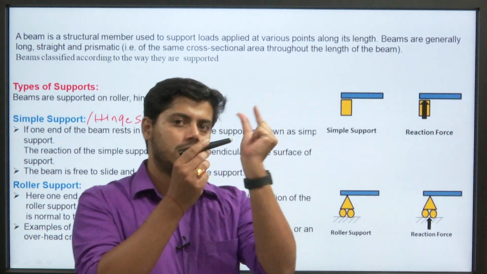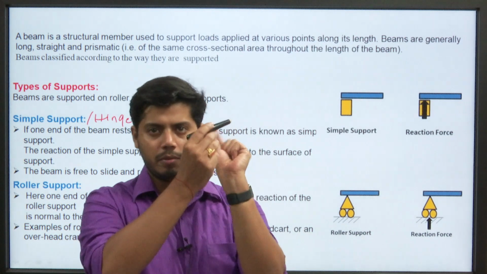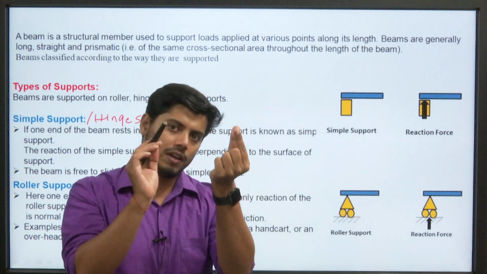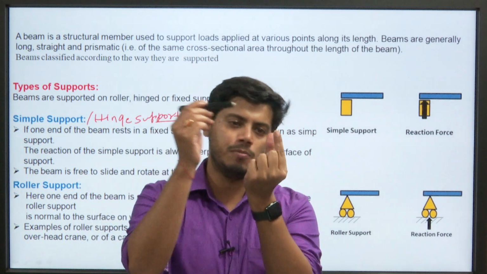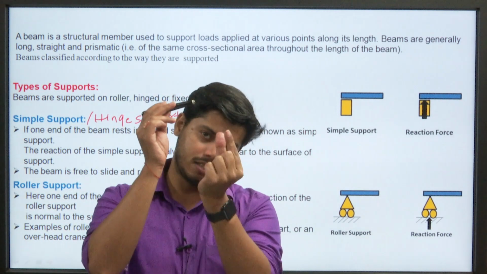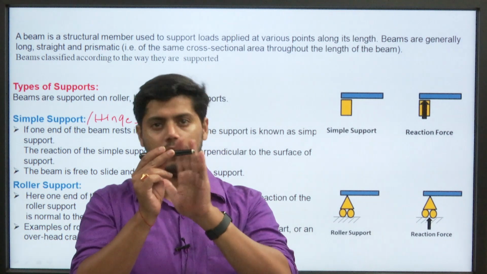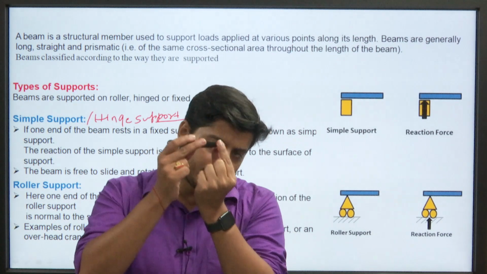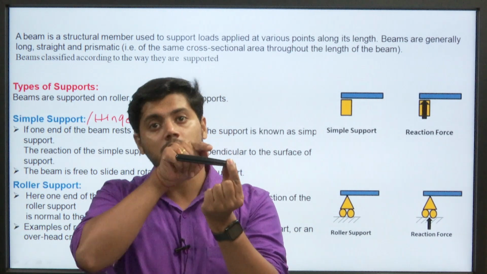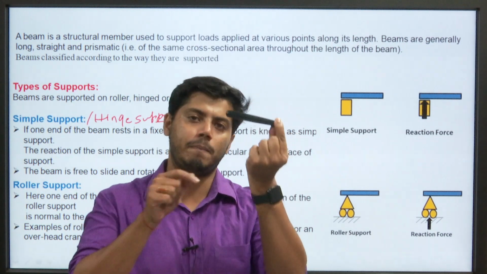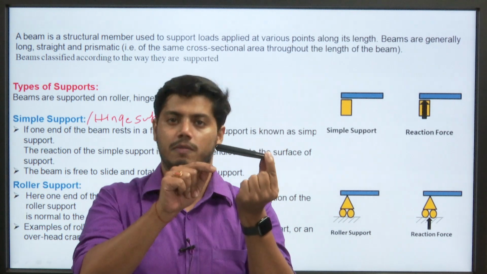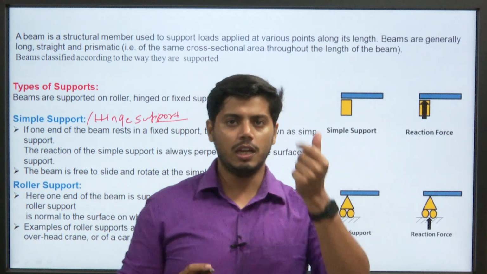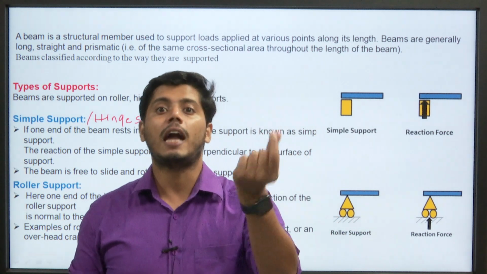Like this, my two fingers are the kind of support, let us call it a pinch support, and this pen is the beam. If my fingers have to hold this pen, my fingers must apply some force on the surface of the pen so that the pen remains in its position. So basically my two fingers are applying a kind of force.